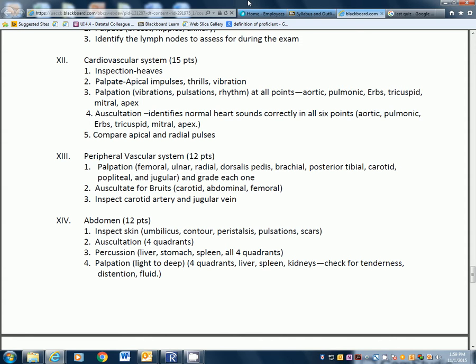If they're different, then you subtract the radial pulse from the apical pulse and record the remainder as a pulse deficit. So if you got 80 apical, and for the radial pulse you got 70, you would subtract that, and that would be a pulse deficit of 10. But in a normal person, those should be the same.